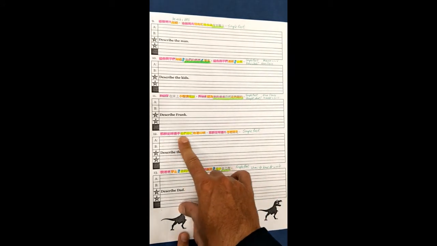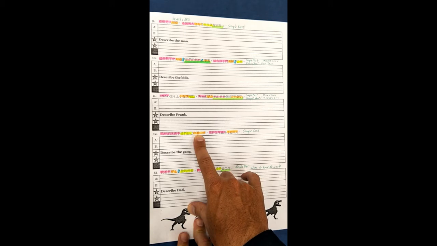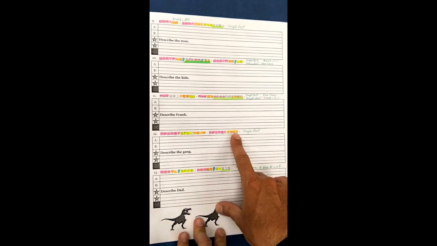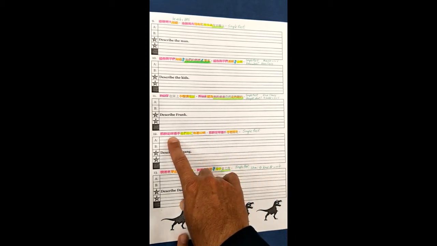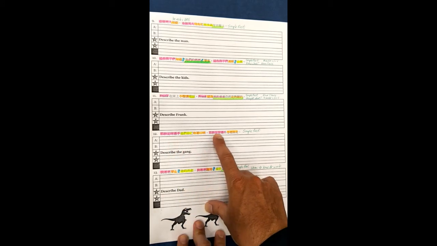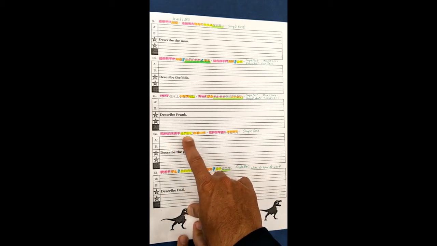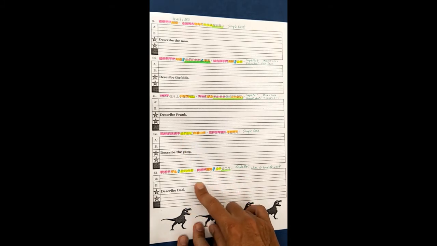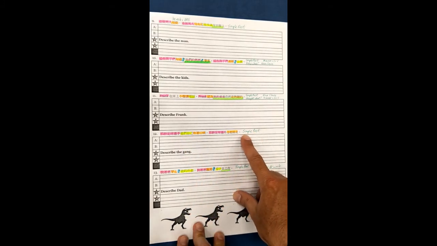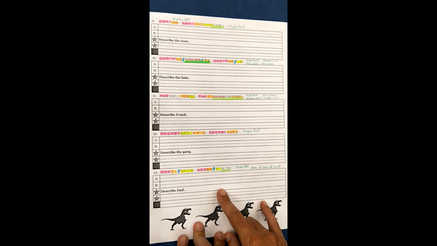Number 12. Color the verb orange. Color the subject pink. Object, yellow. The sentence is in the simple past.